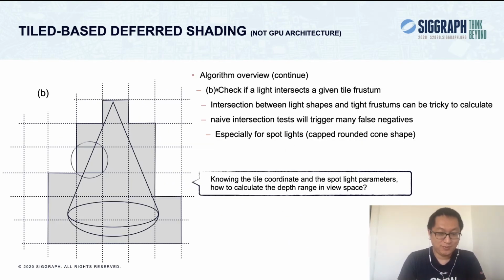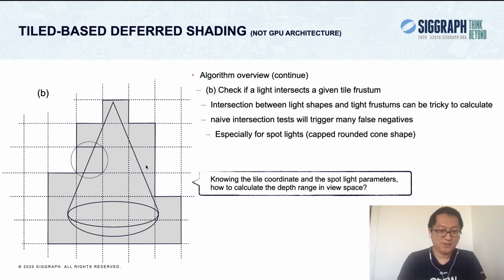So we need to check if a light intersects a given tile frustum. Intersection between a light shape and tile frustums can be tricky to calculate. Actually, it's very easy to have false positives if you use the naive intersection test. And for spotlights it's even harder because they have a more elaborate shape.